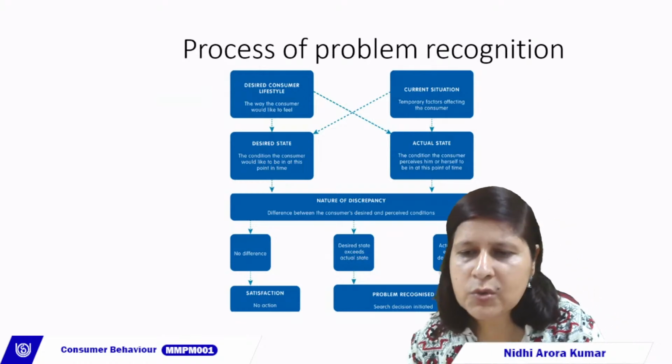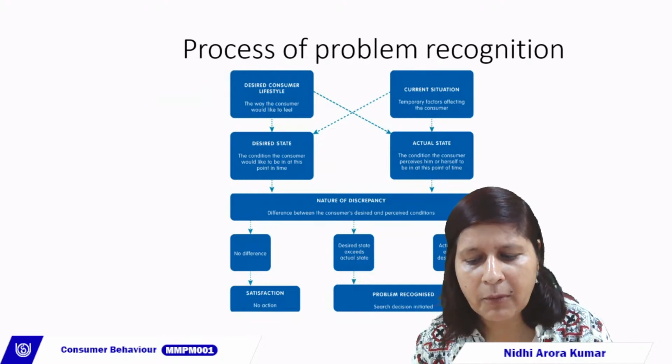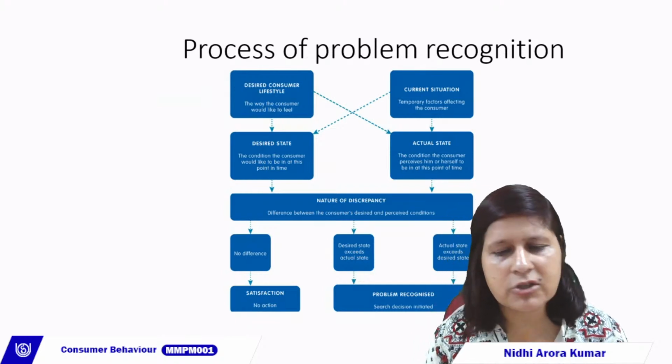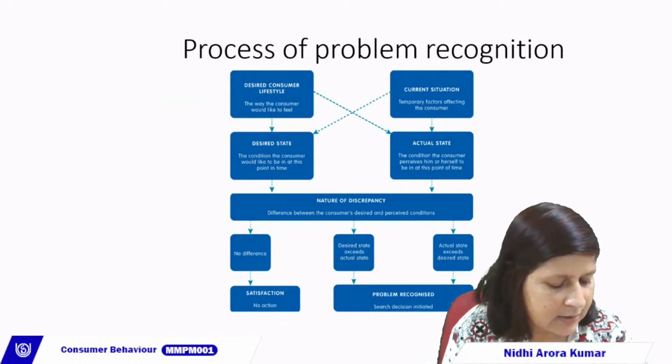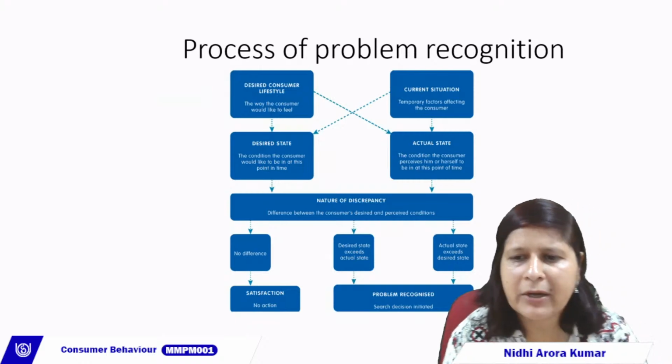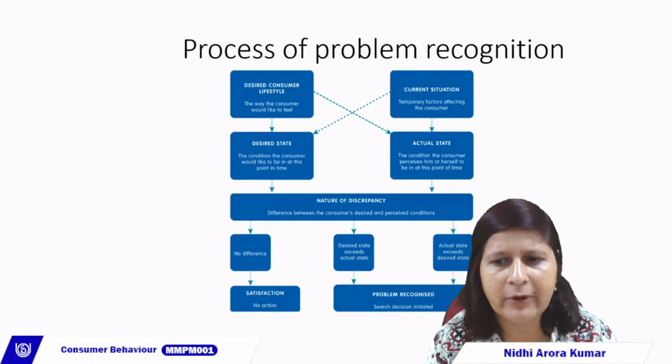Or if the actual state exceeds the desired state, again it leads to the problem being recognized and a search decision initiated. Suppose I want to have X product, but I can afford Y product, but I don't want to have Y product.